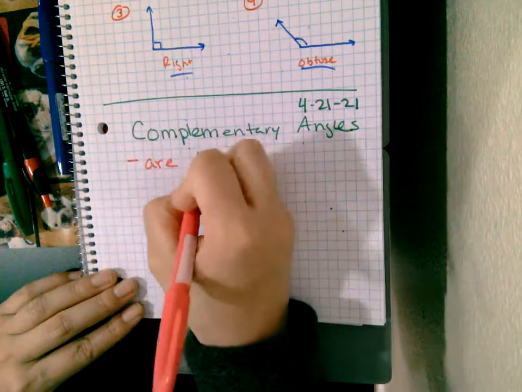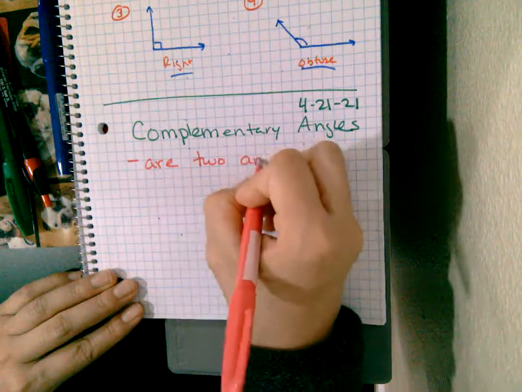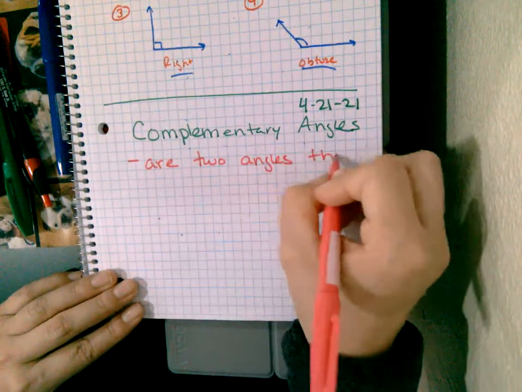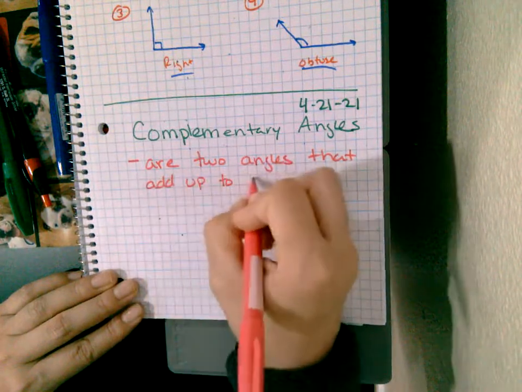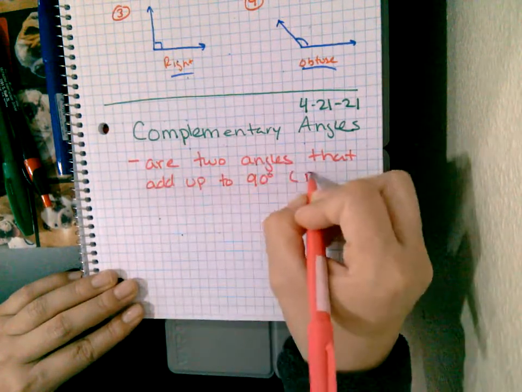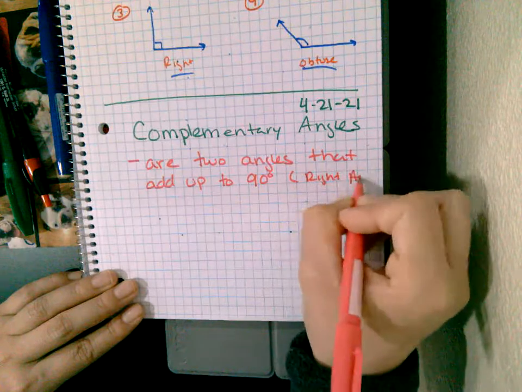Complementary angles are two angles that add up to 90 degrees, as in a right angle.